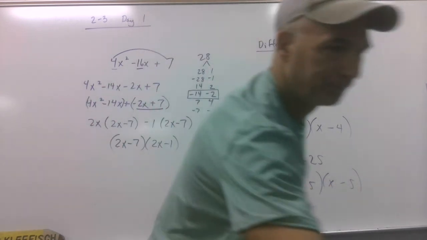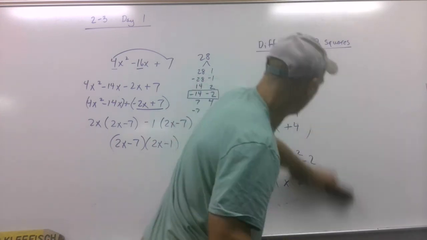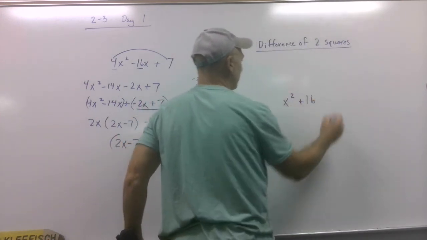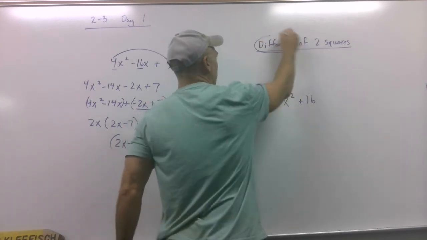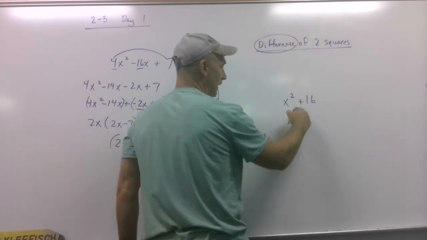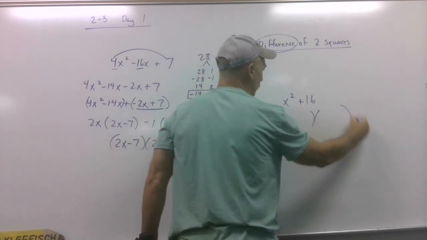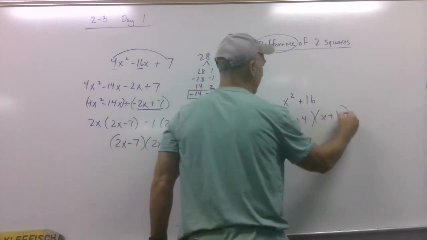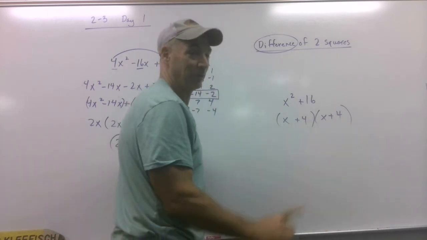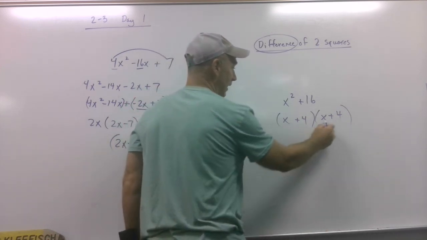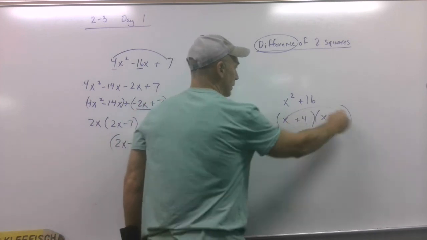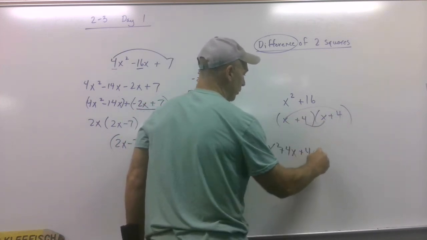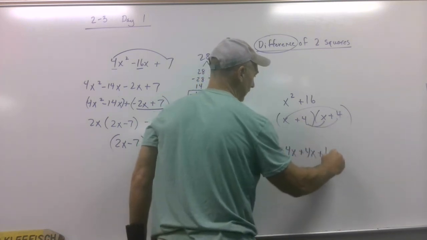One more thing. I'll just show it to you right here. A lot of students, once they learn this, difference of two squares, they think it works for a sum of two squares. So they try this, and they think they've done it right. So here's the thing. If I FOIL this out, x times x, x squared. Outside, 4x. Inside, 4x, last, 16.